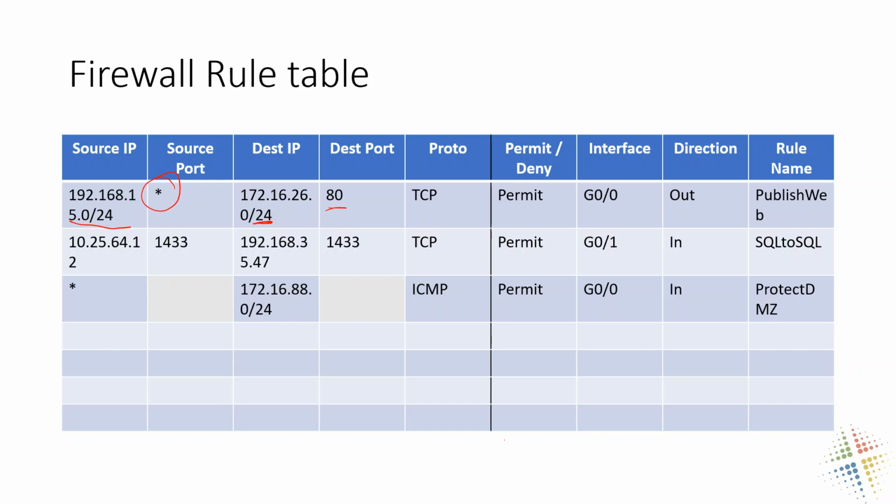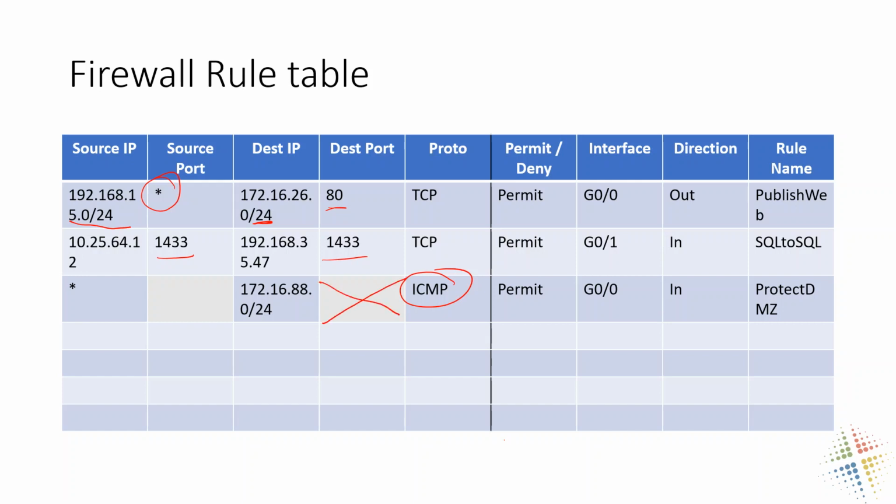Same thing here. We have an example of 1433, which is a Microsoft SQL port. We're allowing one specific IP to another specific IP with one specific source and destination port. And then another example right here, ICMP. ICMP does not use ports, and so sometimes the rules or the tuples that we use get changed a little bit.